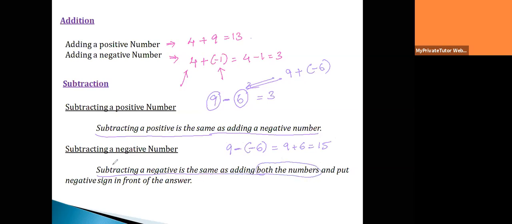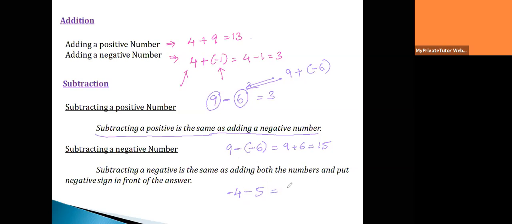Okay, so this is not okay. You can see that. Let me give one more example in this. Minus 4 minus 4. What does it mean? There are minus 4 and minus 5. You can see that this is a negative number. This is a positive number. But we are subtracting, which means in front of a sign, we have both the numbers.